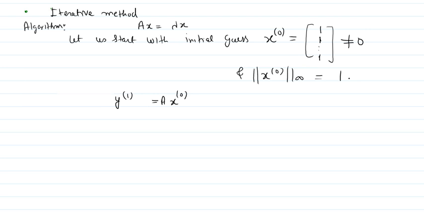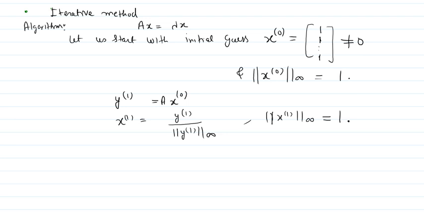So the new approximation x1 is that we take y1 and divide it by its norm. So we have scaled y1 so that the new x1 will satisfy the same condition, that the largest component of x1 is less than or equal to 1.